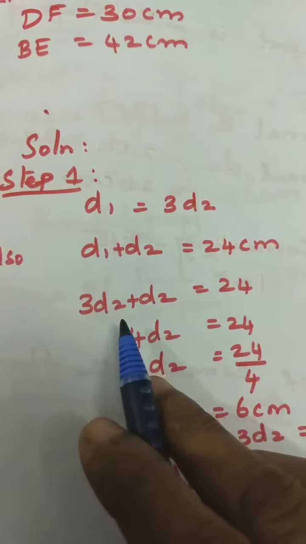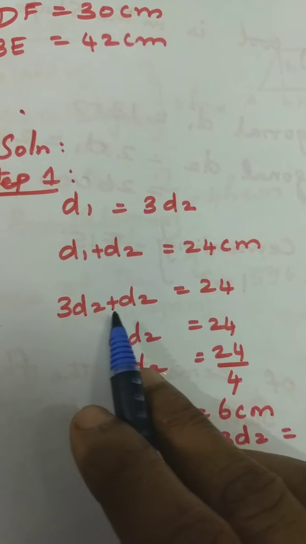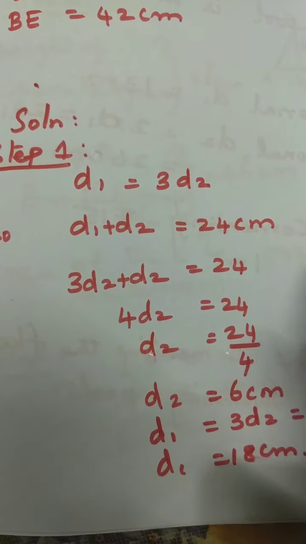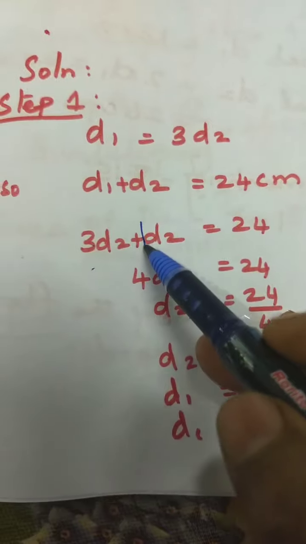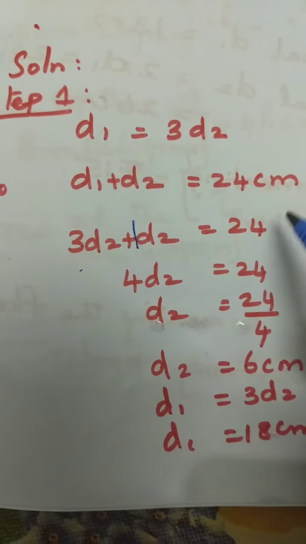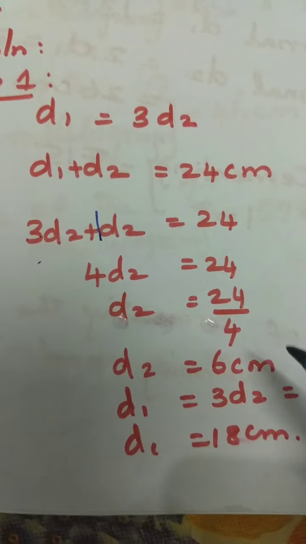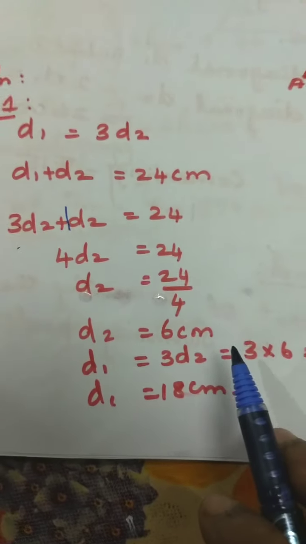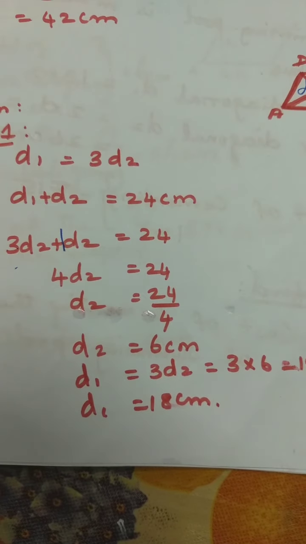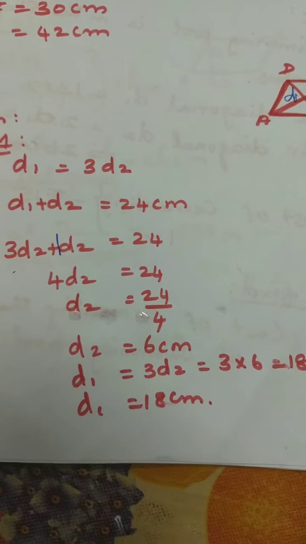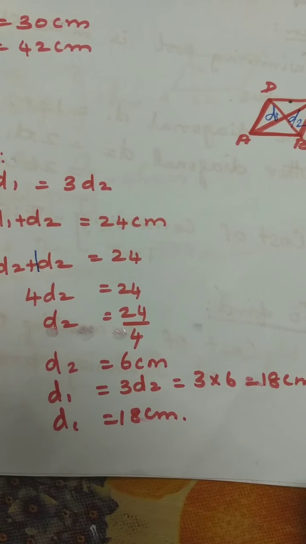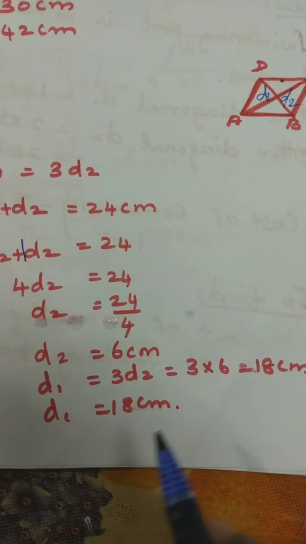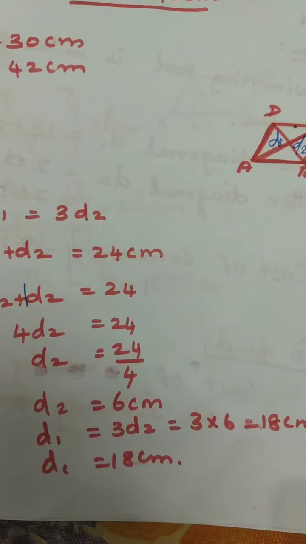Now we know D1, so substitute here. 3D2 plus D2 is equal to 24. 3D2 plus 1D2, 4D2 is equal to 24. Bring the 4 this side. Then D2 is equal to 6 centimeter. So D1 is equal to 3 into D2, so 3 into 6 is equal to 18 centimeter. So D1 is equal to 18 centimeter, D2 is equal to 6 centimeter.